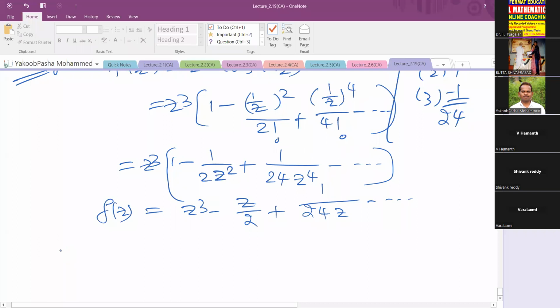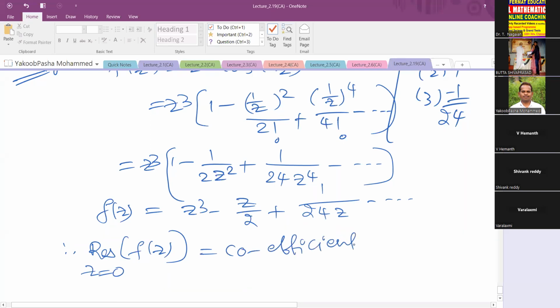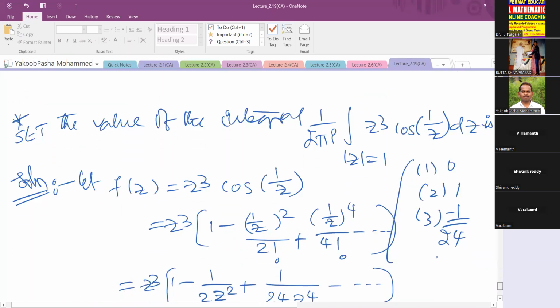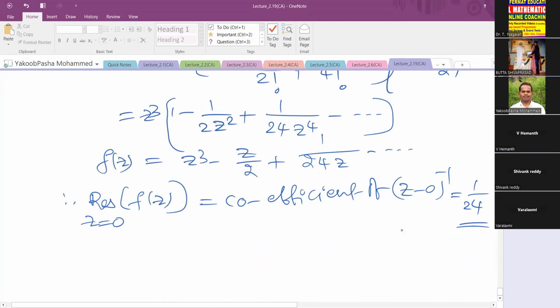But by the basic definition, the residue of f of z at z is equal to 0 is the coefficient of (z minus 0) whole power minus 1, that is nothing but the z power minus 1 coefficient. Here the z power minus 1 coefficient is 1 by 24. So what we need to calculate is the integral value.